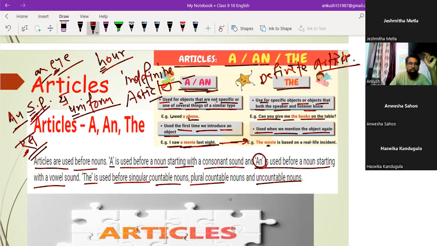And that is why which article would be used? "An" or "a"? "A". "A uniform" or "an uniform", but "an" is not preferable to be pronounced. Okay, "a uniform". Got it?